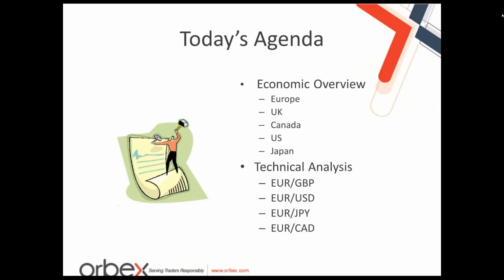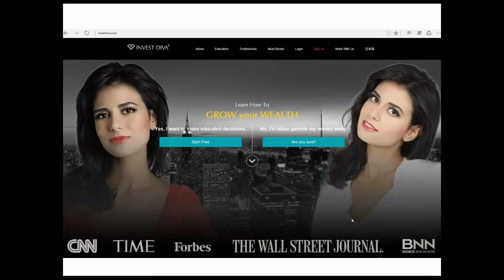Does anybody have a preference on which currency pair we cover first? We'll go ahead and start with that, but we obviously need to cover Europe's fundamentals anyway. All right, we have a request for euro pound. Awesome, so we're going to start with that, and then we'll take it from there.